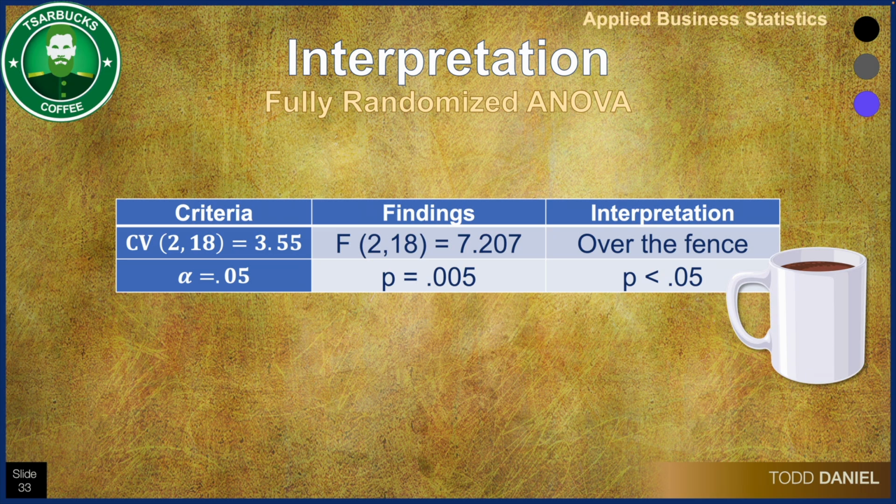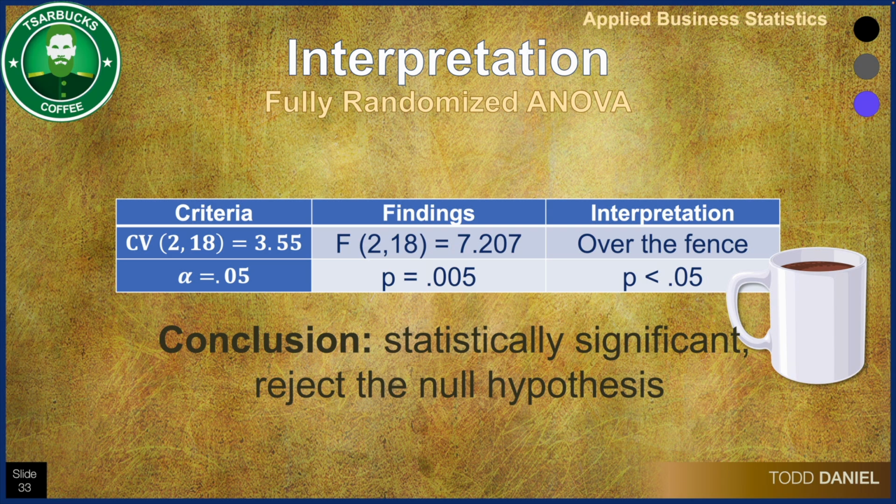We calculated a probability value of 0.005, which is less than a nickel, less than 0.05. Both of these tell us the same thing. We have a statistically significant difference. We reject the null hypothesis that says there are no differences. We accept the alternative hypothesis that says that those differences exist.